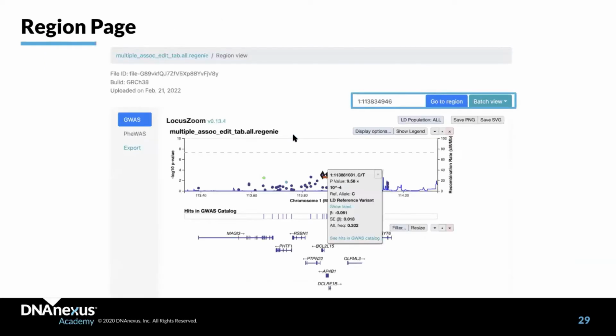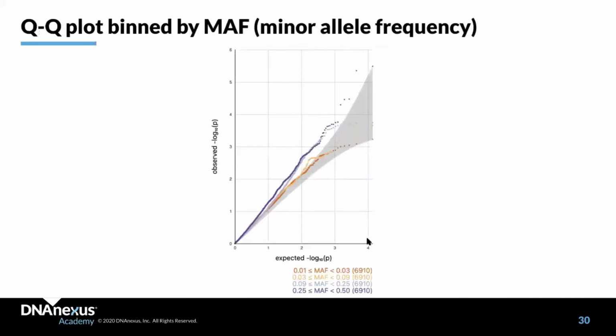Once you click on it, you can, for example, use a position and find your variants, and so dive deep into your results. Here you can also see an annotation, and also hits in the GWAS catalog, with a link to the GWAS catalog for more details about the hits.